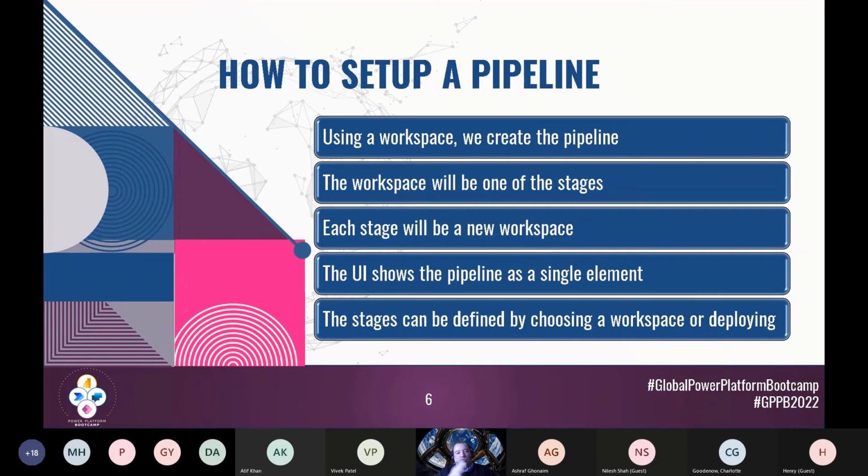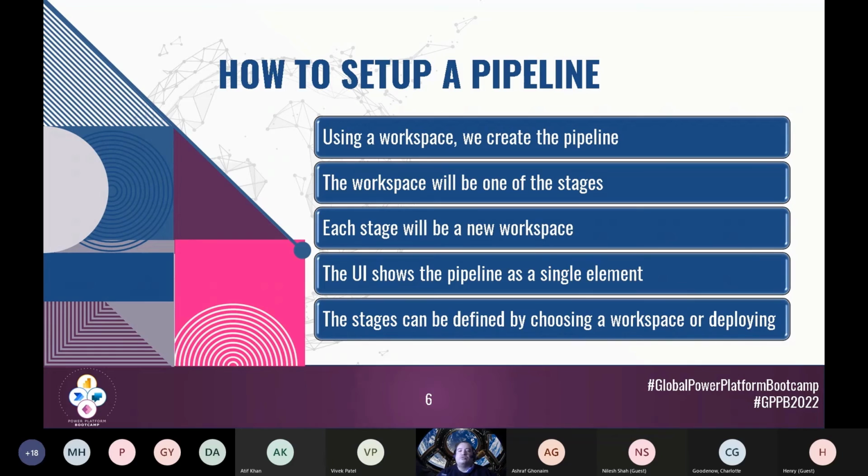The second way to choose a workspace for this stage is exactly this, choosing a workspace. Before deploying, without the need to already deploy, we can choose an existing workspace to be the test workspace and the production workspace for this pipeline.